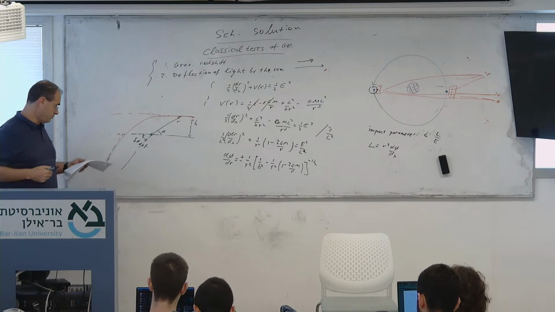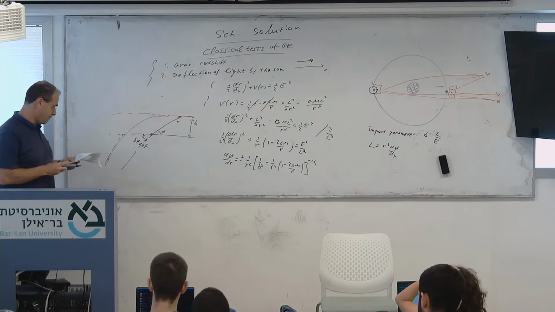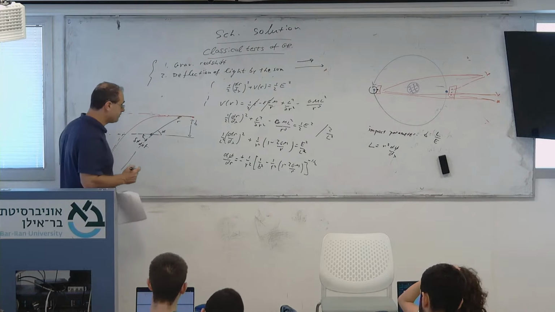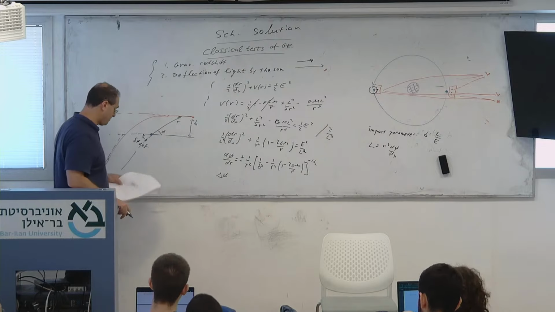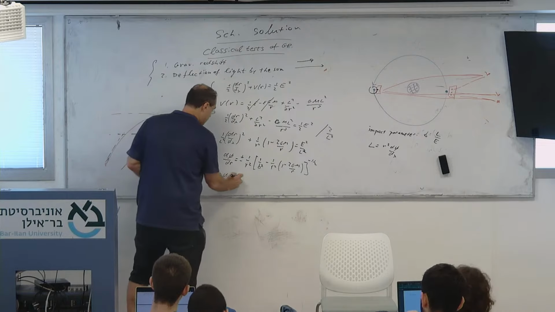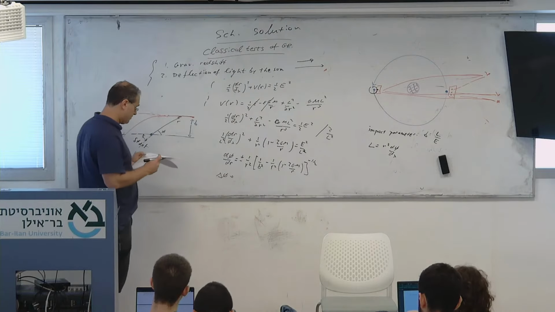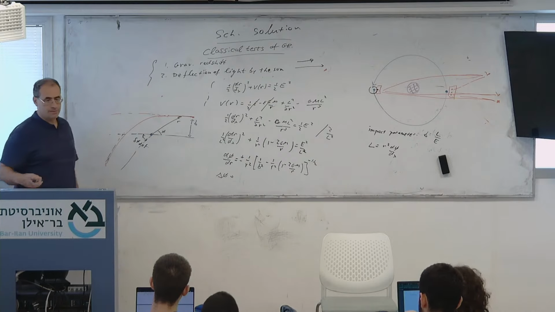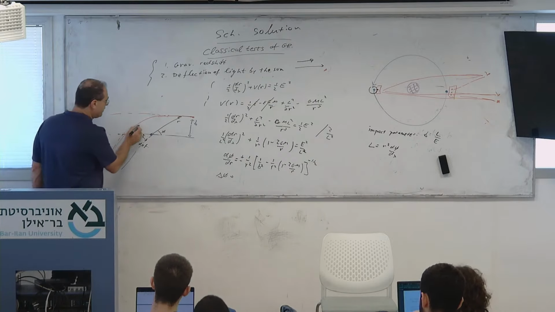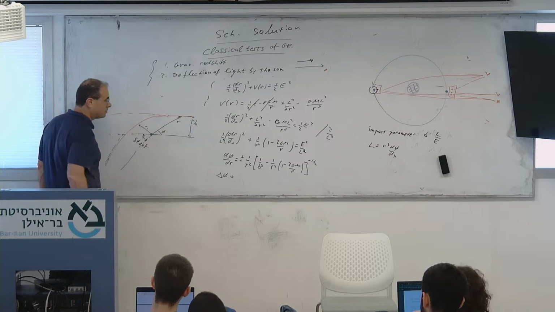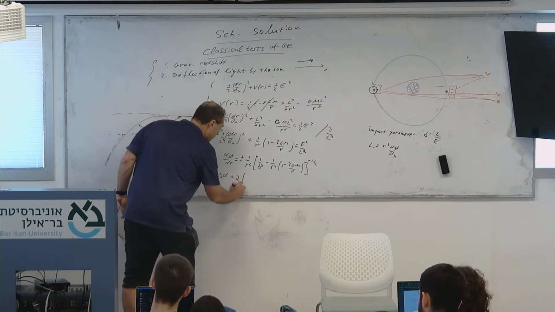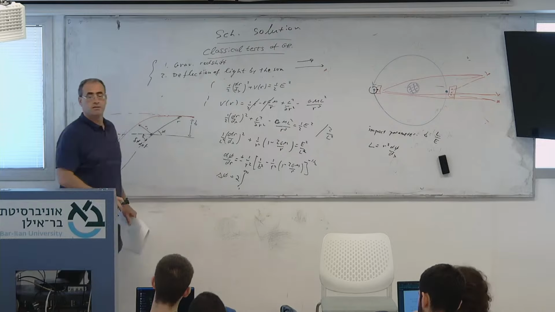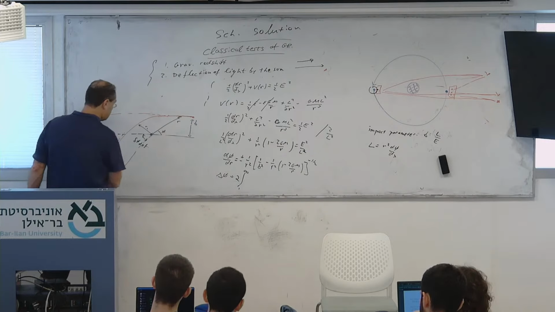And what is left to do, if I want to get the maximum deflection angle, delta phi, is integrate this. I just have to integrate that. Or, the way it is classically done, you define the minimum radius, which will be R1, and then you integrate twice from R1 to infinity for a light ray that starts from infinity and ends up at infinity.